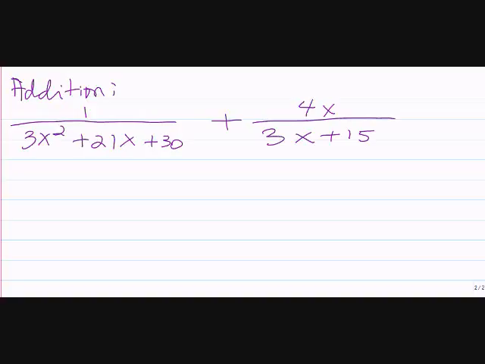First thing I do is I factor the denominators. So the fraction on the left, I can pull a 3 out. So this is 3 times x squared plus 7x plus 10.